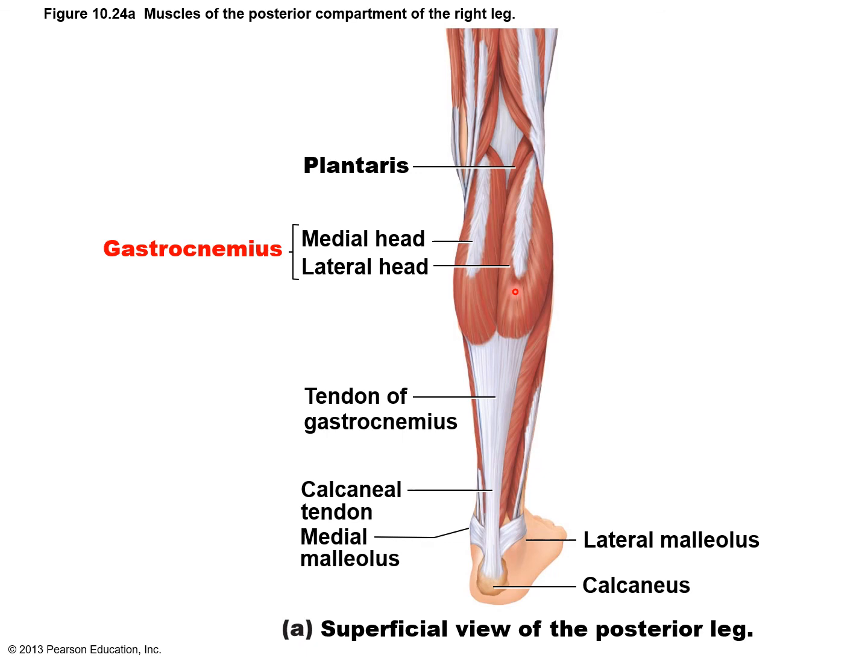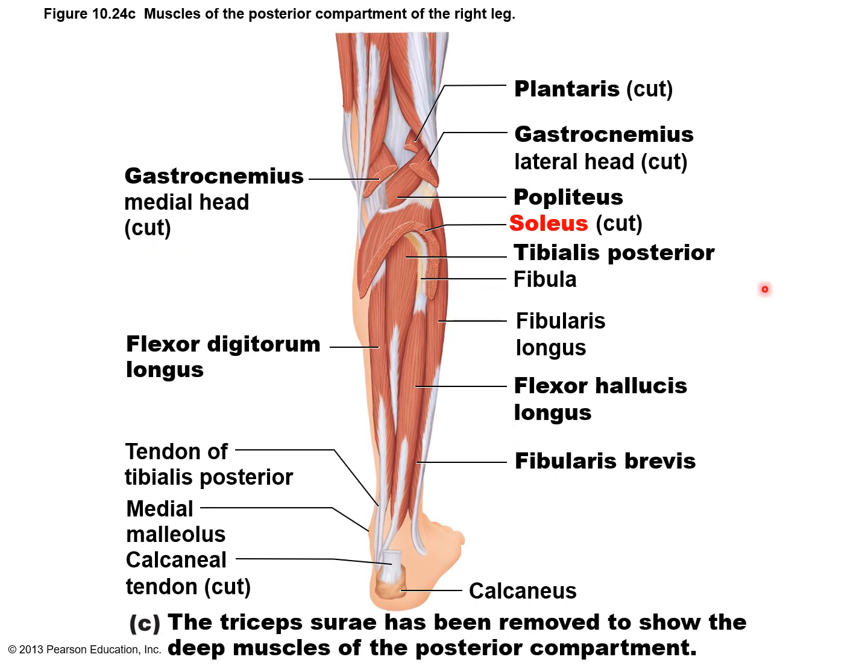Gastrocnemius is involved with plantar flexion, and it works in conjunction with the muscle that underlies it. It's called the soleus. Now the soleus is cut here to show more deep muscles, but the soleus and gastrocnemius work together. Soleus is more of an aerobic muscle, important in long distance activities.